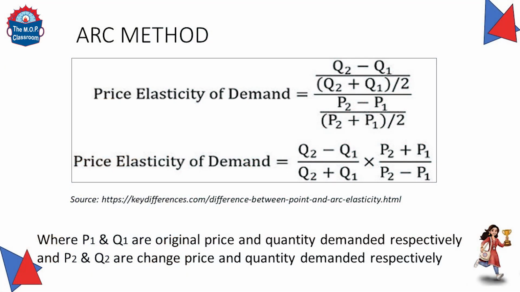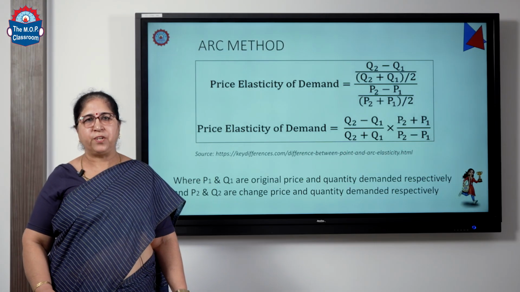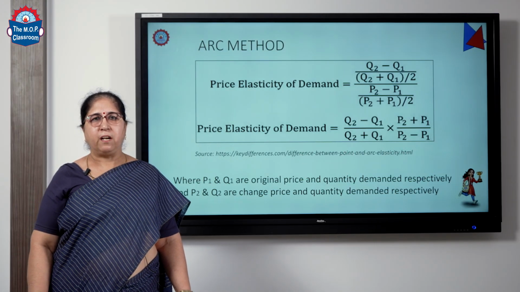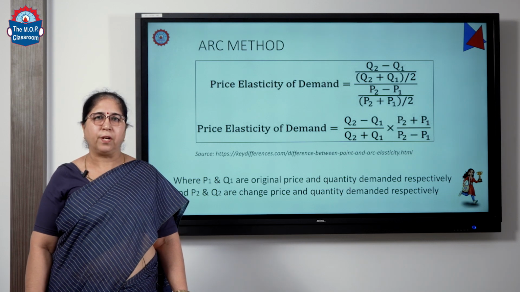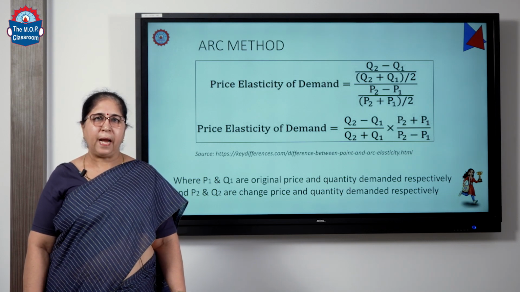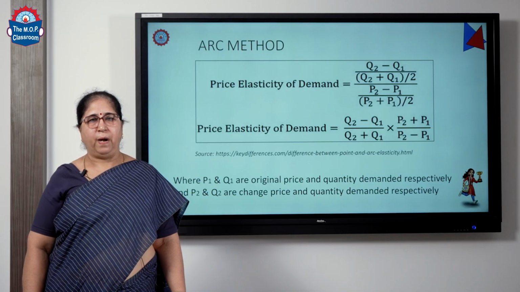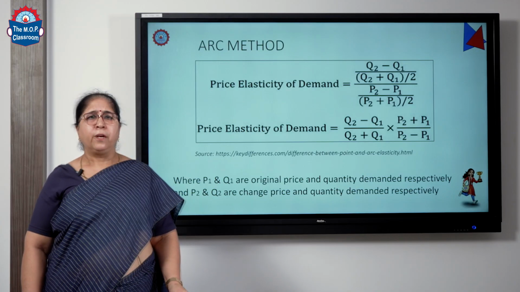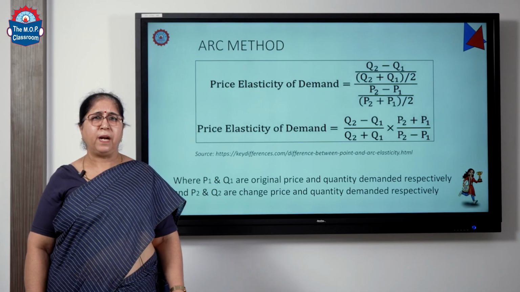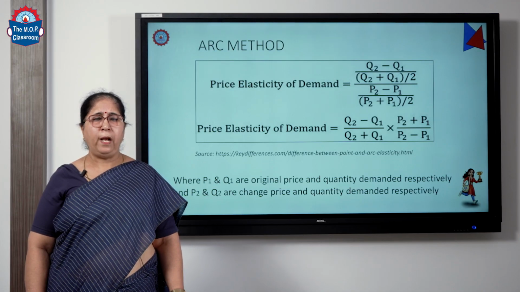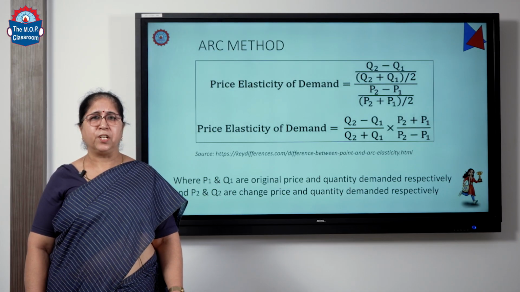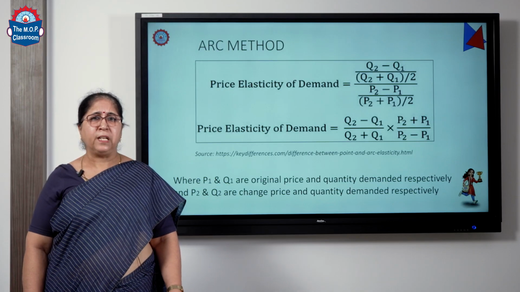Let us look at the last method, the arc method, where you try to measure elasticity by the differences between two points on the given demand curve. So you apply a formula to calculate the price elasticity of demand, and the formula goes like this: (Q2 minus Q1) divided by (Q2 plus Q1), the whole divided by (P2 minus P1) divided by (P2 plus P1).